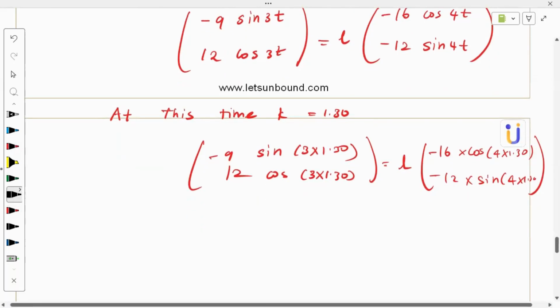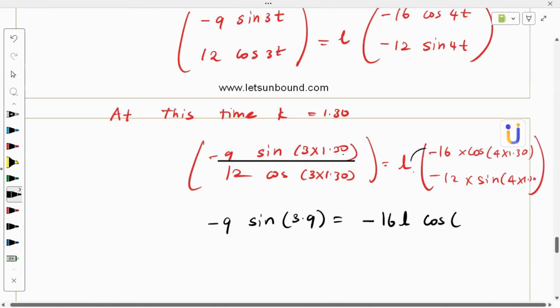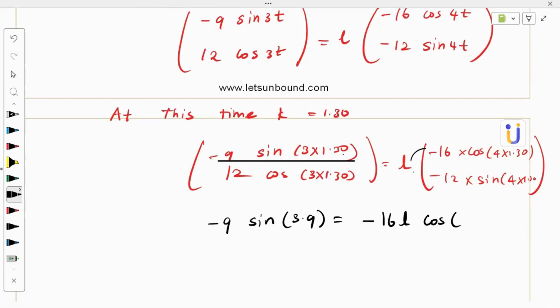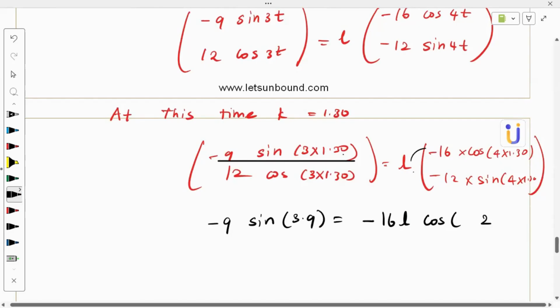So take any one of the parts. The vectors are equal. So minus 9 sin 3 times 1.3, that is 3.9, equals minus 16L cos 4 times 1.3. You can use a calculator, but here we got 4 times 1.3 is 5.2.